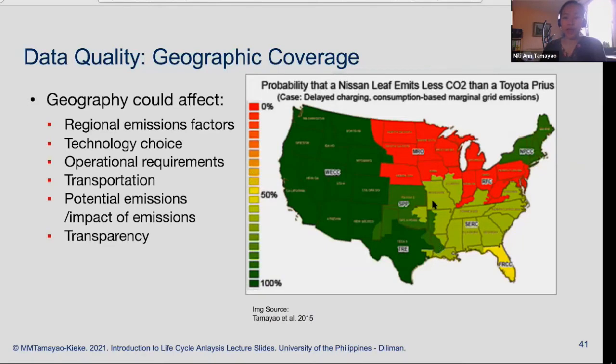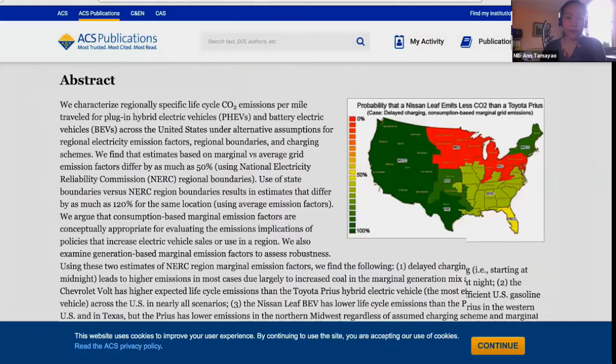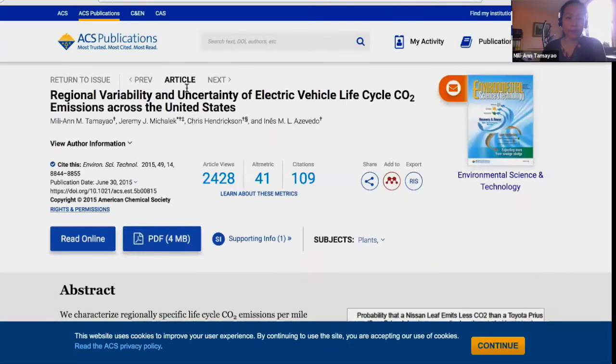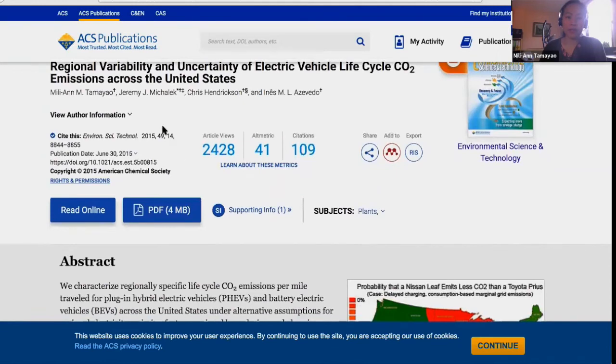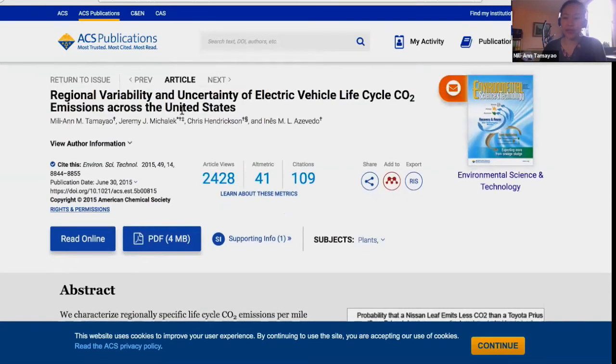This is a map from a study that I and my advisors did and published in Environmental Science and Technology. Sorry, I forgot the journal momentarily.